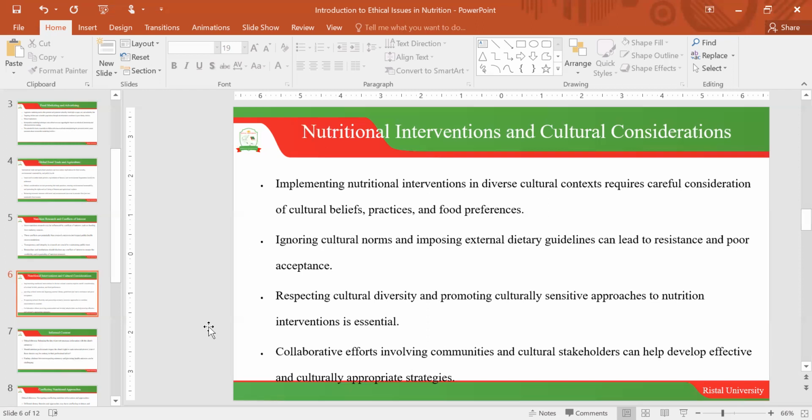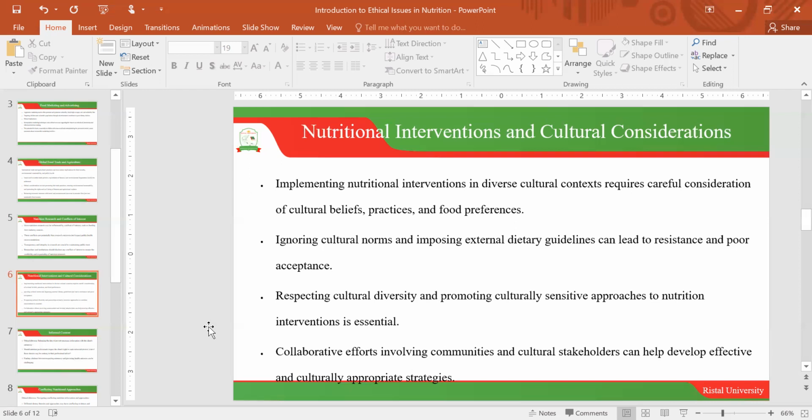And cultures are related in the context of nutrition. We have foods that we don't eat here, but when you reach other countries, they are actually delicious foods. The snakes, the lizards, and others are delicious foods, but here we are not actually eating them.